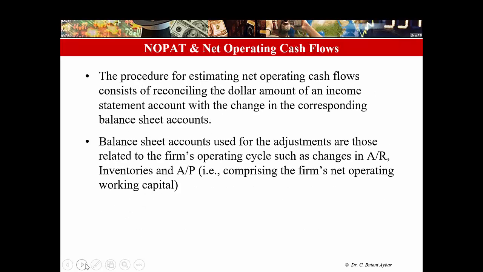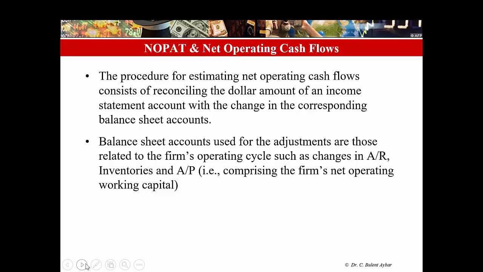The procedure for estimating net operating cash flows involves reconciling the dollar amount of an income statement account with the change in the corresponding balance sheet accounts. We have already demonstrated this when we estimated cash flows from operations of the firm. If you remember, we took the net income, added back depreciation, and also looked at the changes in accounts receivables, inventories, accounts payables, and accruals.